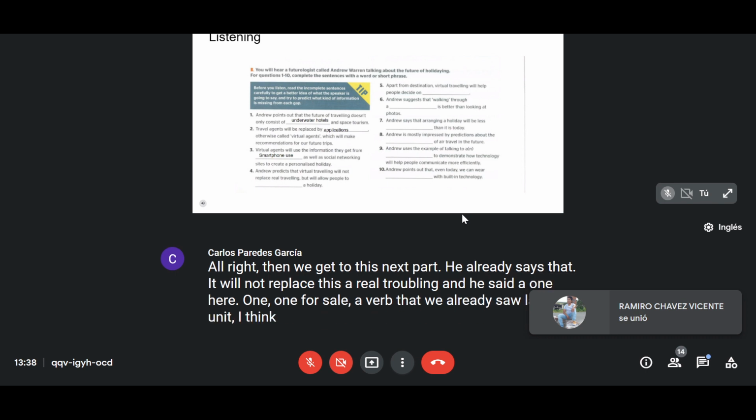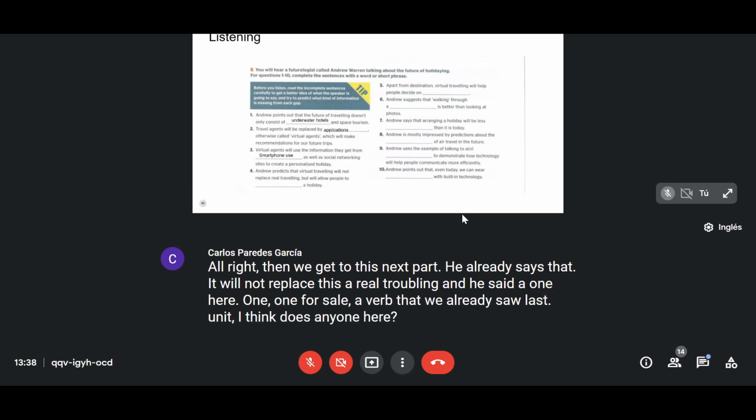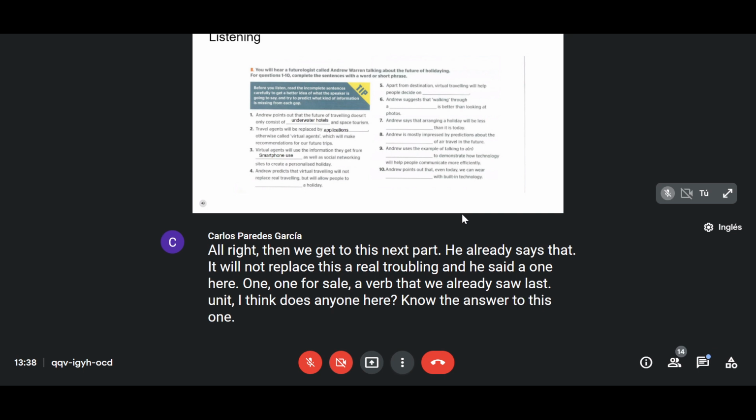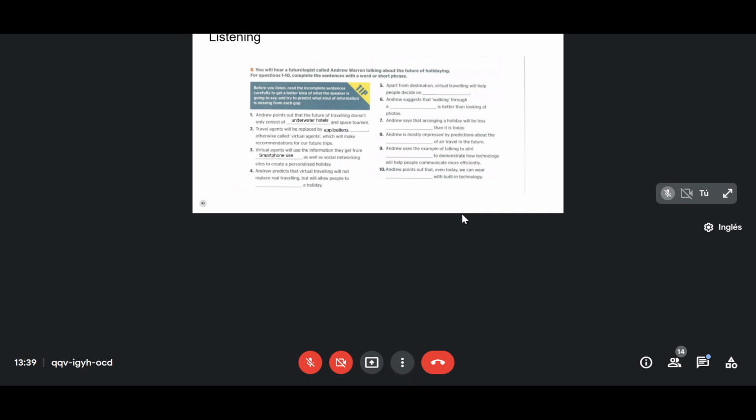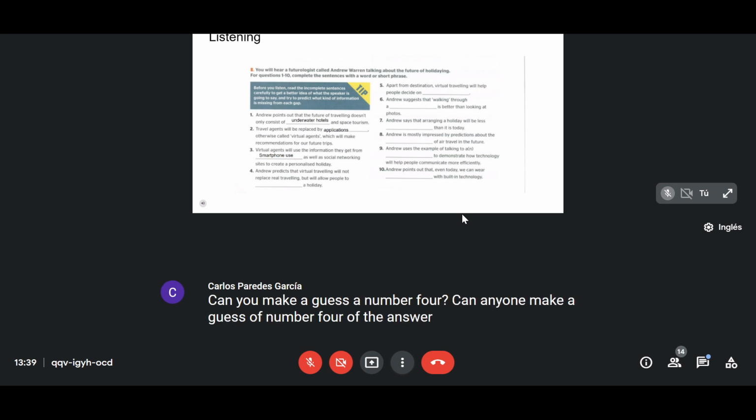Does anyone know the answer to this one? Can you make a guess of number 4? Can anyone make a guess of the answer of number 4? No one?